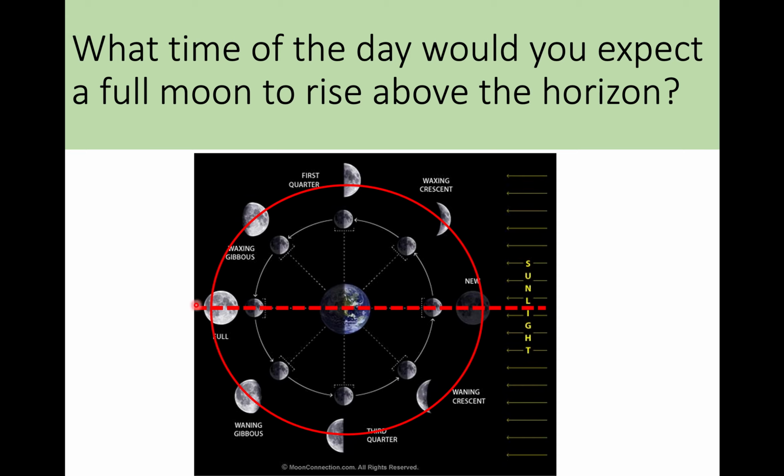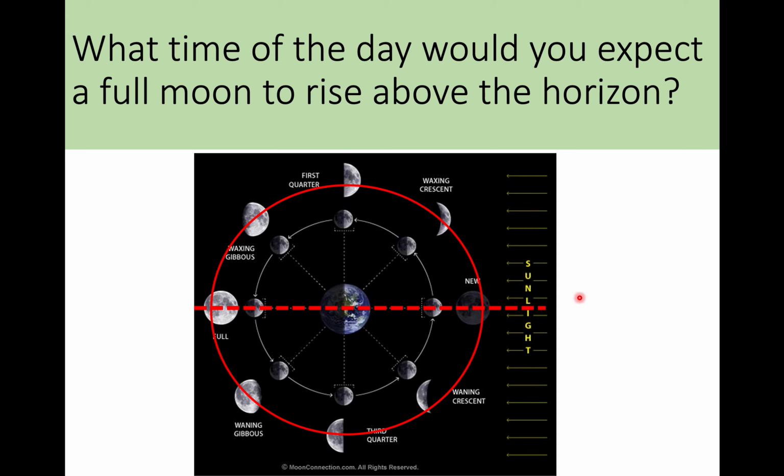So here we have our full moon, Earth, Sun, Sun's over here. The trick to these questions is to think about this diagram as a wheel or as a clock. So I like to think of it as a clock. If our sun is here on the right side at, say, 3 o'clock, our full moon is exactly opposite the sun.